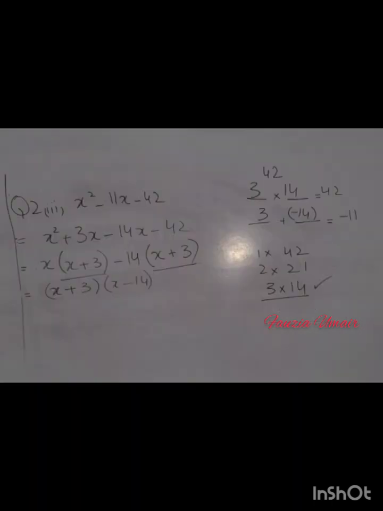Be careful of the sign also in these questions. Question number 2, third part. Finding the pair is very important in the splitting the middle term method, and keeping the sign consciously so that you are getting the same sign which the middle term is having.